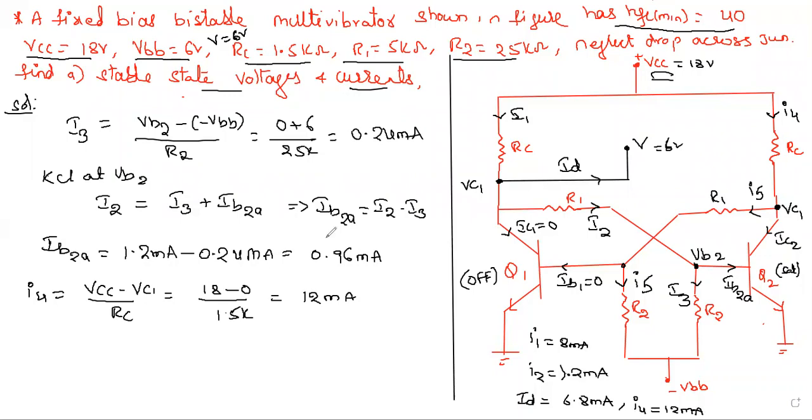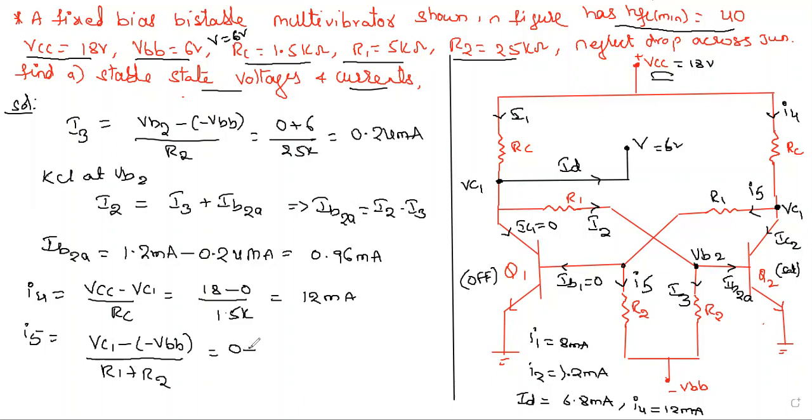Okay, now let us calculate this I5. We know VC1, we know VBB, and the same current is flowing through this whole branch. Because no current is entering into the base of the first transistor, the complete current will flow through this. So I5 is equal to VC1 minus of minus VBB divided by R1 plus R2.